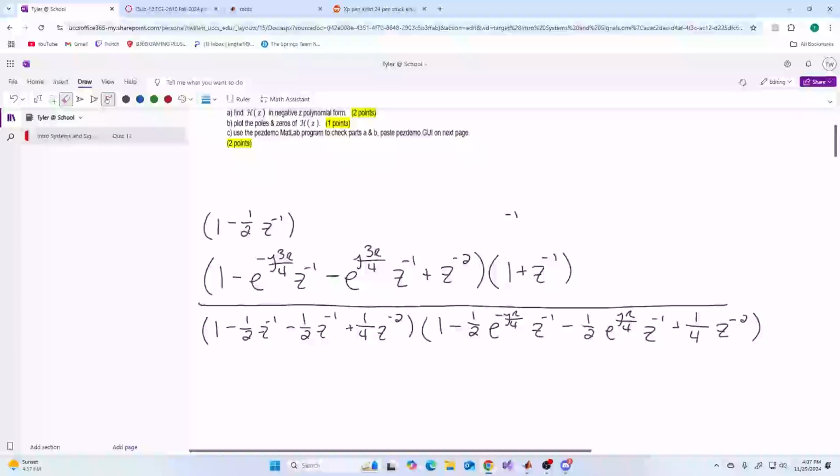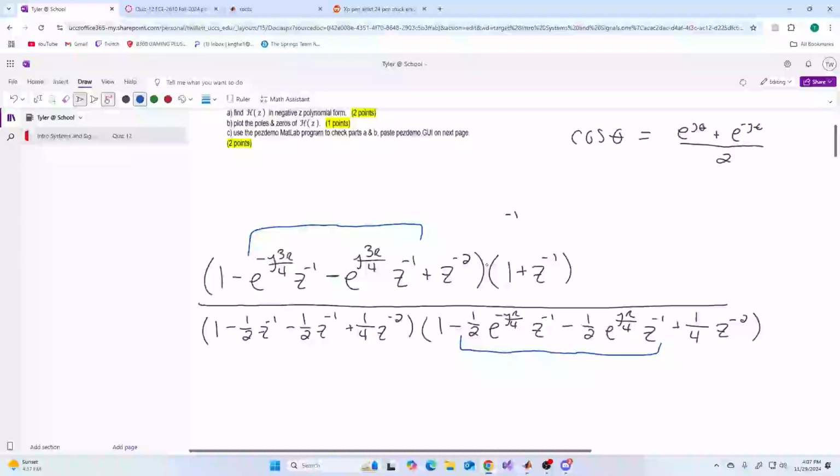Okay. The next thing I want to do is, like I said, cosine of theta equals e to the j theta plus e to the negative j theta divided by 2. And when we look at these, this one and this one, I almost have that. I'm very close.